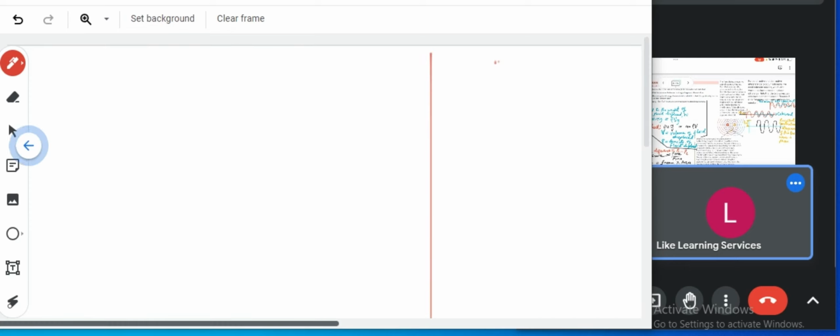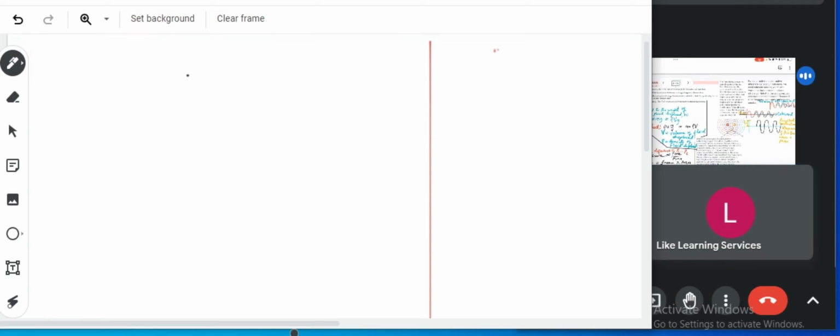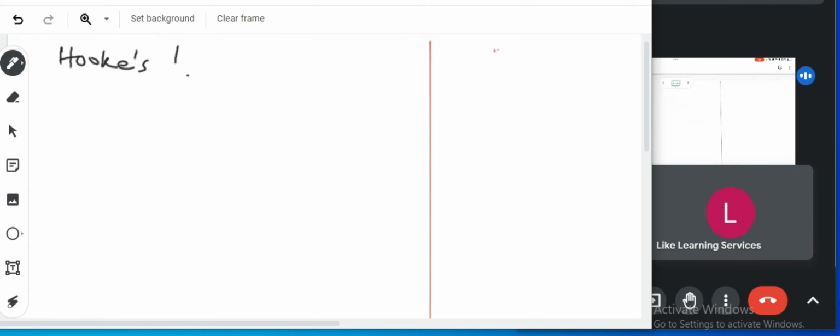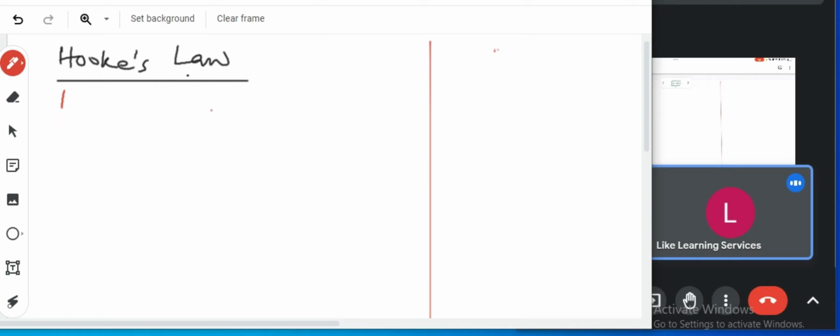So, just a quick review. And please, I'm on the next page so that I can just note this down. Hooke's law: beneath the elastic limit, extension is proportional to the applied force.